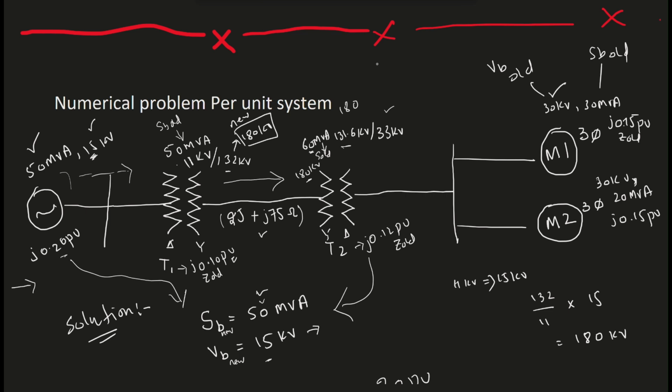It will be 33 by 131.6 multiplied by 180, which is equal to 45.12 kV. So this 33 kV will be updated, and these motors will experience 45.12 kV as the new voltage.